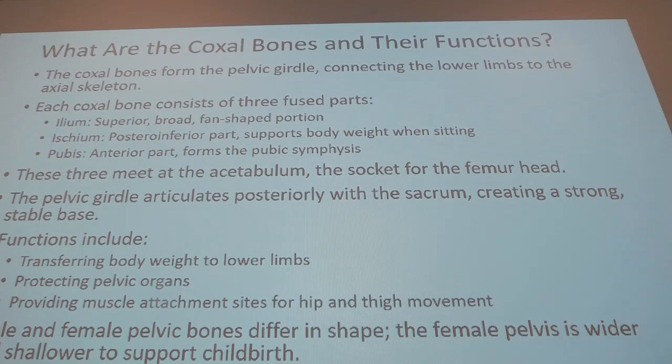And then in this acetabulum, the head of the femur, which has the fovea capitis, has a point of attachment for a ligament called the round ligament, which runs from the fovea capitis to the central part of the acetabulum.